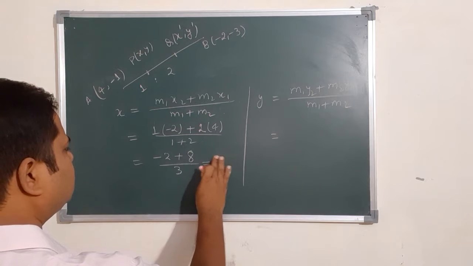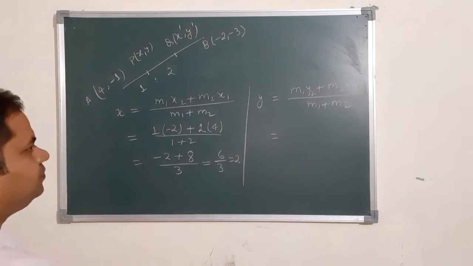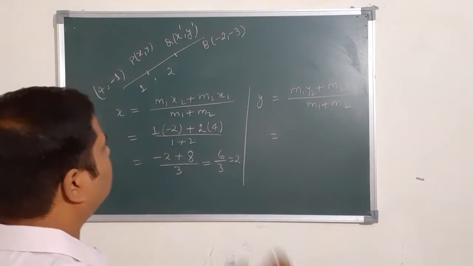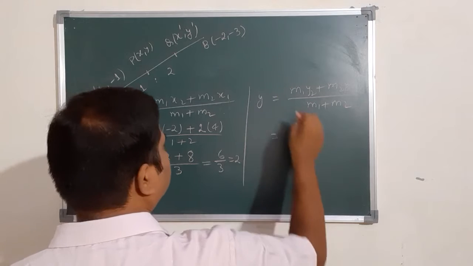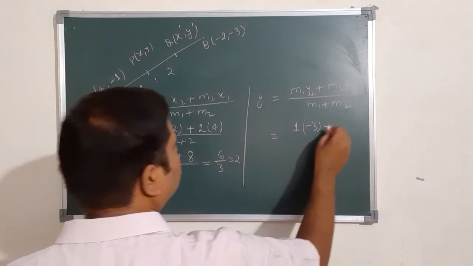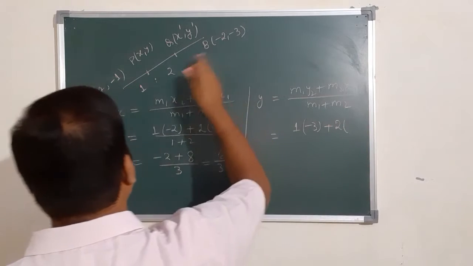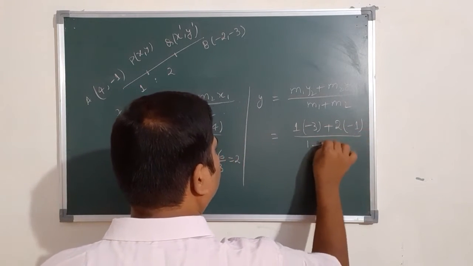And then this is 6 by 3 and this is 2. So M1 Y2. M1 is what? 1. Y2 is minus 3 plus M2 is what? 2 and Y1 is what? Minus 1 and divided by 1 plus 2.